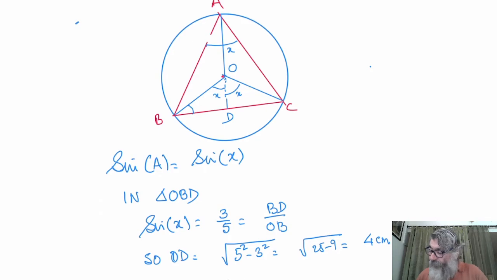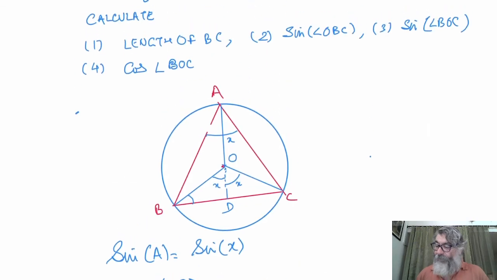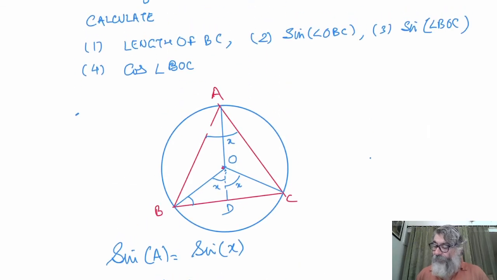So it is perpendicular upon hypotenuse: perpendicular is OD, hypotenuse is OB. OD is 4 and OB is 5, so sine of angle OBC is 4 upon 5. Next is sine of angle BOC.